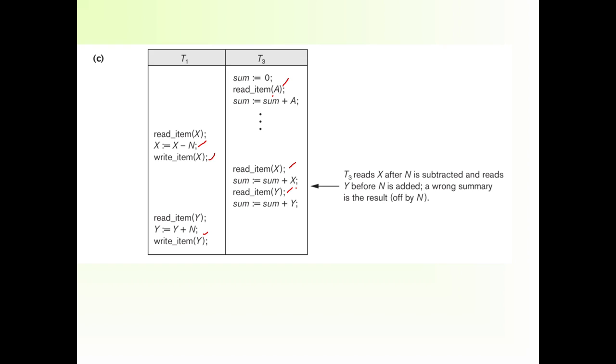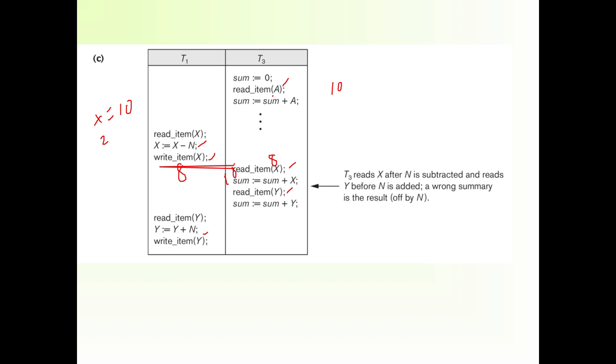Say the x value is 10 and I subtract n, which is 2. Then x is 8, and 8 plus 0 is the sum. I will assume item A value is also 10 here. So 10 plus 10 gives 18.